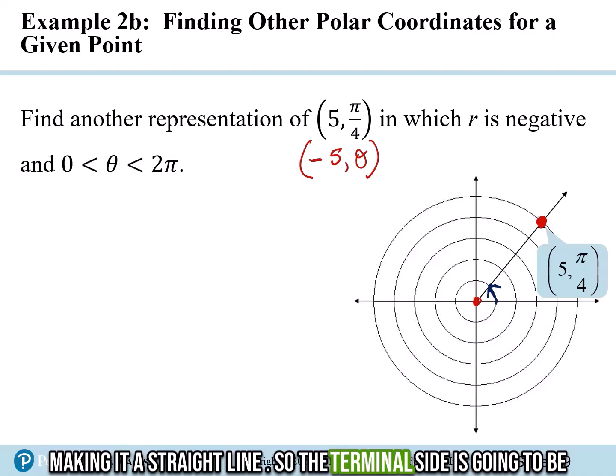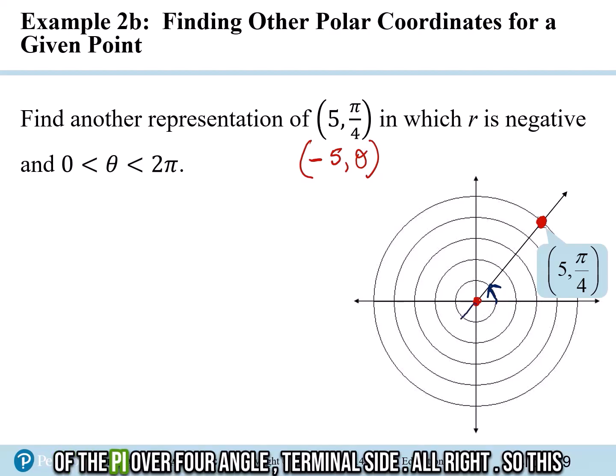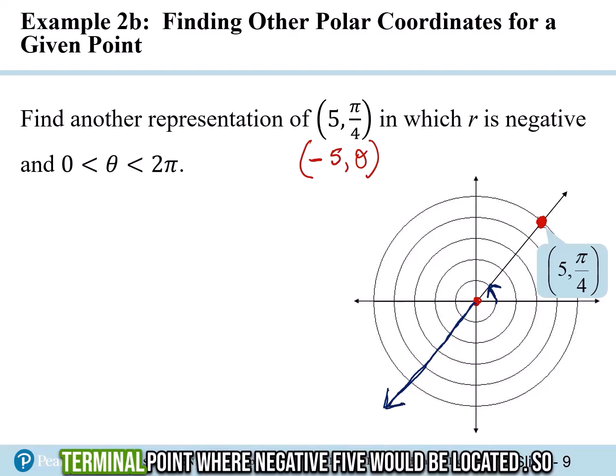So the terminal side is going to be an extension in the opposite direction of the pi over 4 angle terminal side. All right, so this is our new terminal point where -5 would be located.